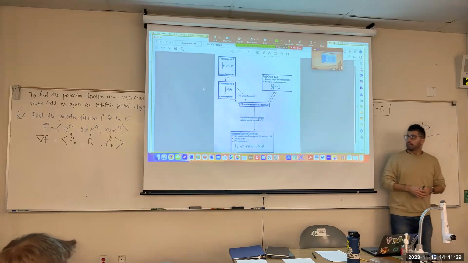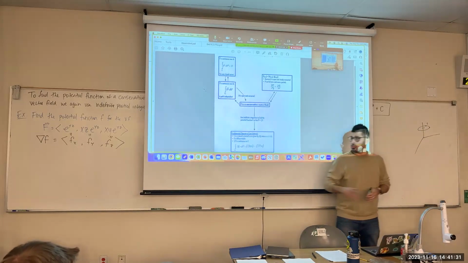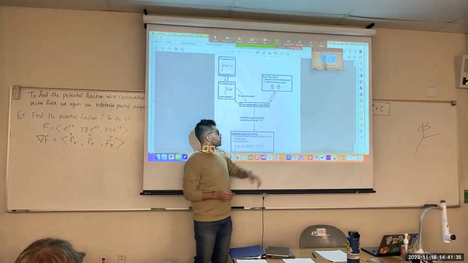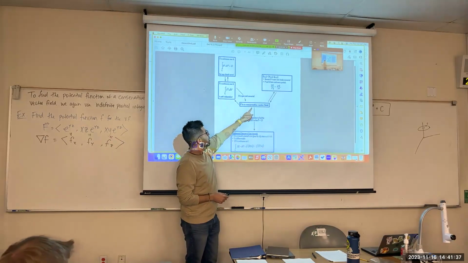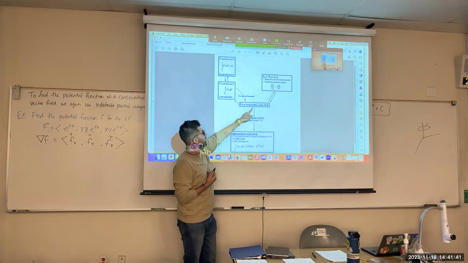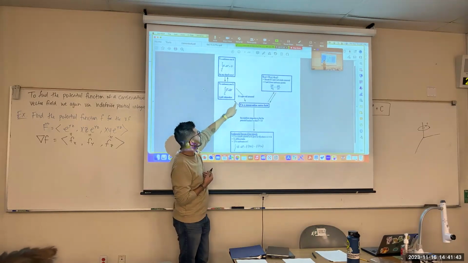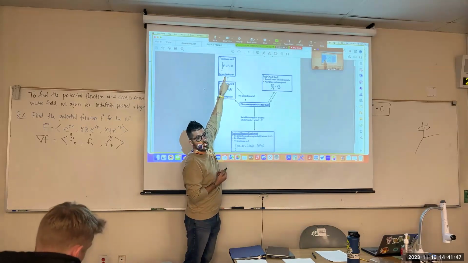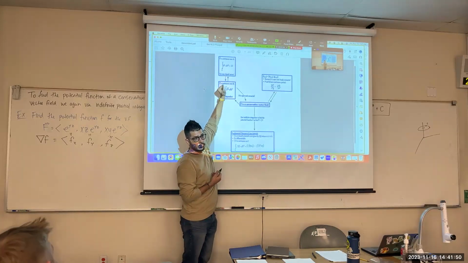But we just showed that this vector field is conservative. Because it's conservative, by the theorems I learned in 16.3, it's path independent, and the line integral has to equal 0 for any closed curve.